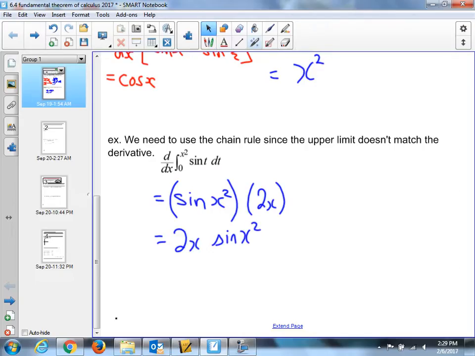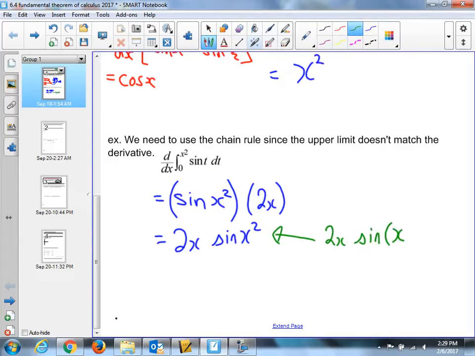Now that x squared, let's get this clear too, if you ever had to plug something in. When you see this, just notation-wise, I want us to all be certain. This is really 2x sine of, if you were to use brackets, x squared on the inside of the sine function, right?